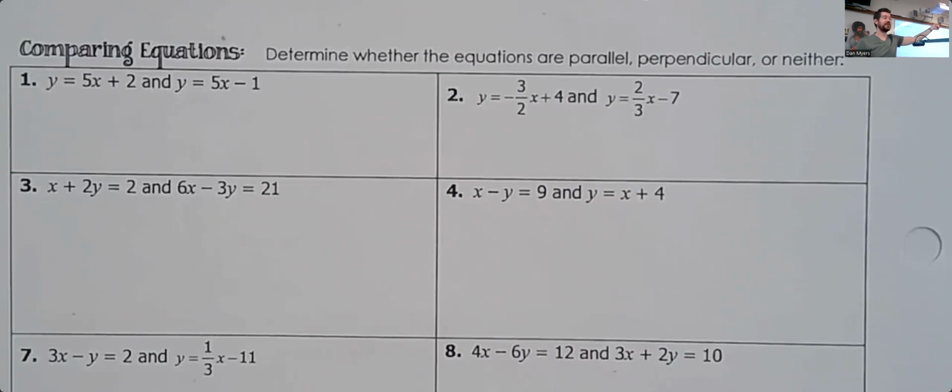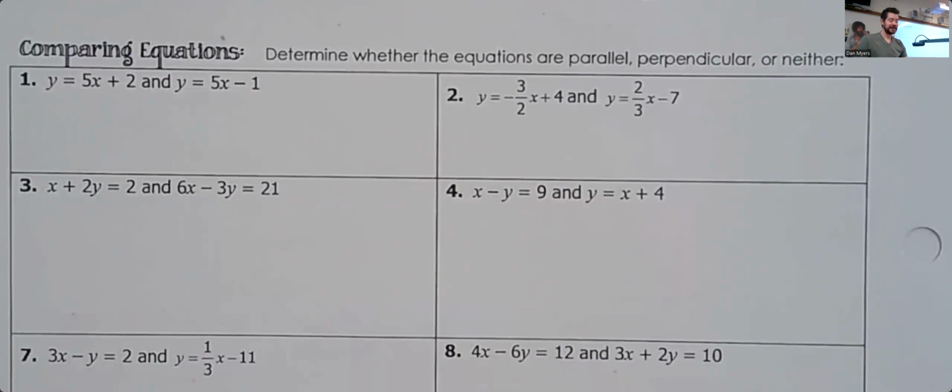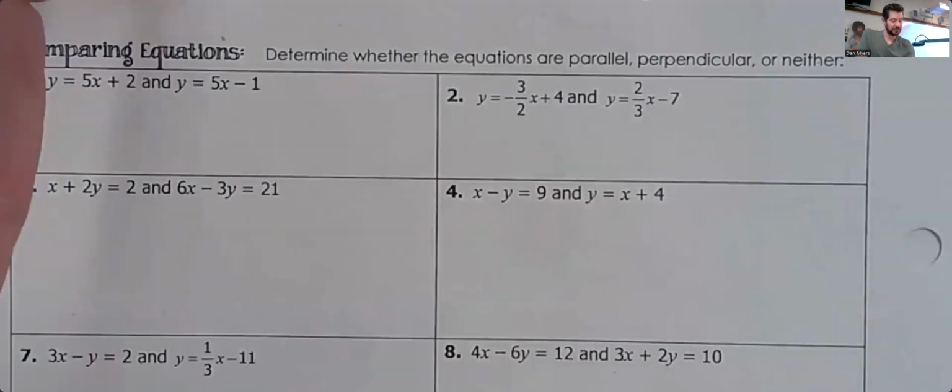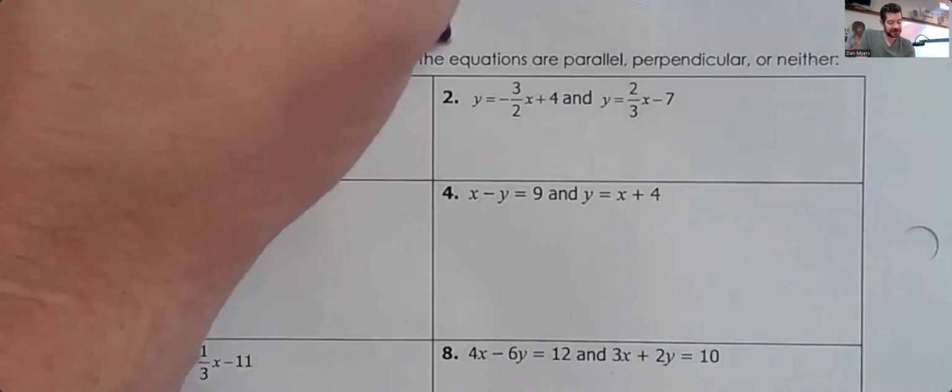So you said parallel lines have same slope, right? Opposite reciprocal slope, right? So what is the only part of the line that we care about? The slope, yeah. The only part of the line that we care about for these problems is the slope. We only need the slope. So I'm going to write that above here. We only need the slope, write it in capital letters. We only need the slope.